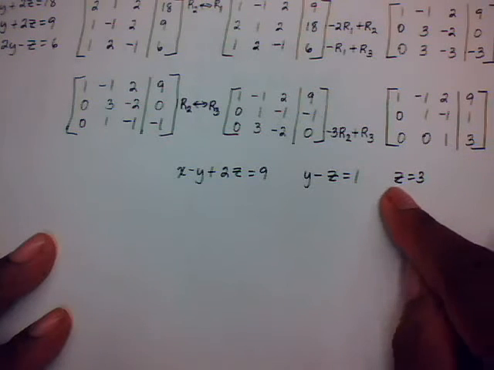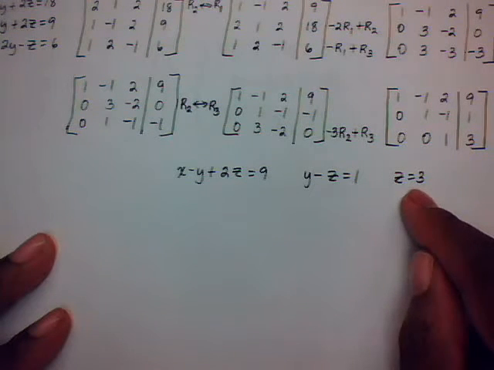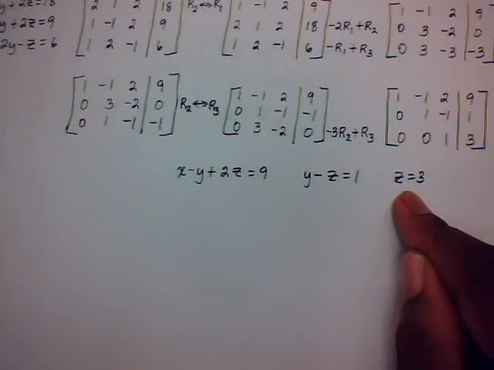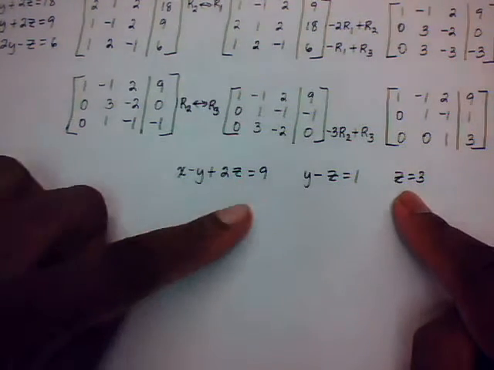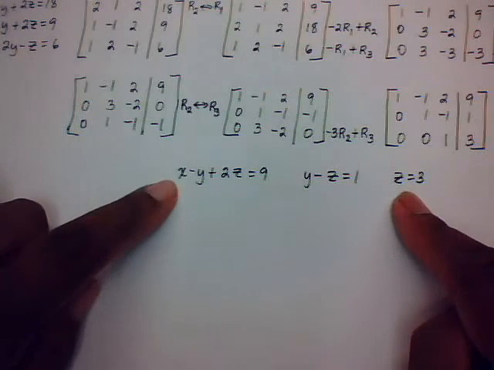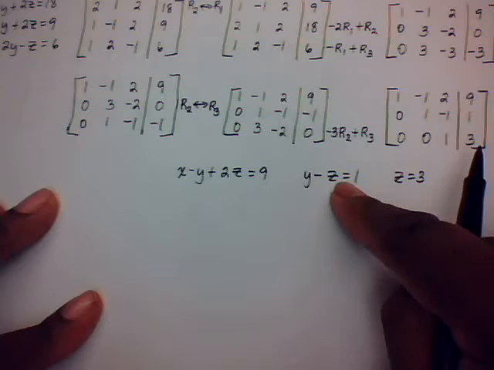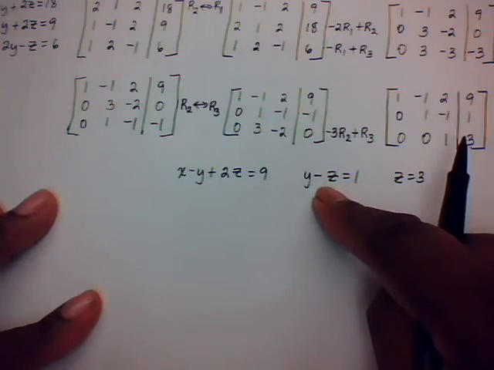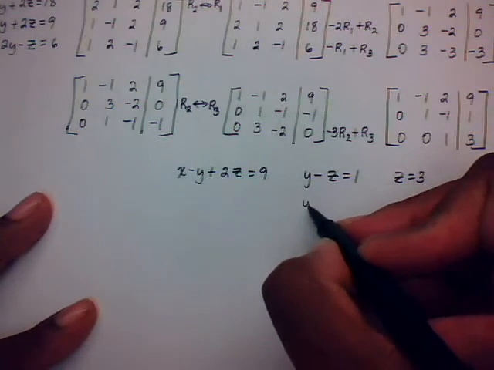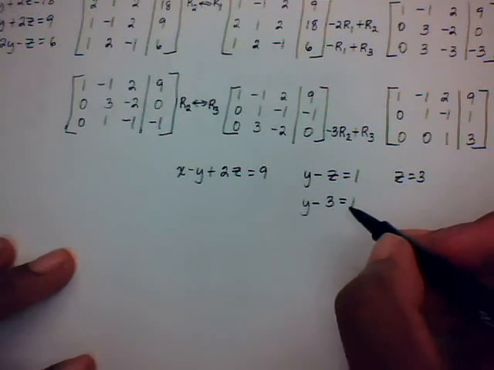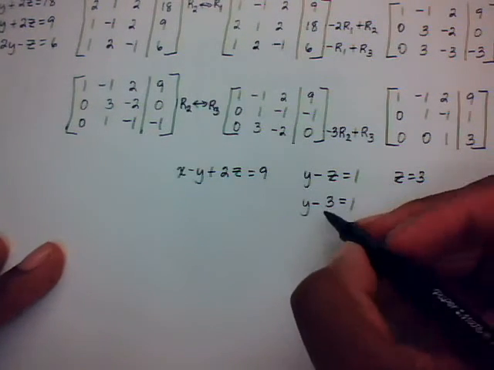Okay, see, z is equal to some numerical value. In this case, it is 3. Now, this is where I use back substitution to come up with the value of y and the value of x. Since z is equal to 3, let's substitute 3 in for this z in the second equation. So here we're going to have y minus 3 equal to 1.